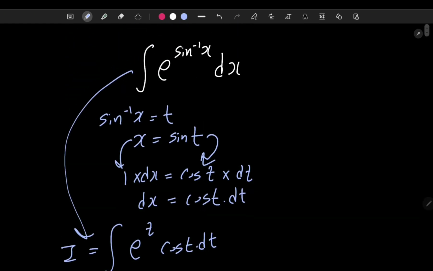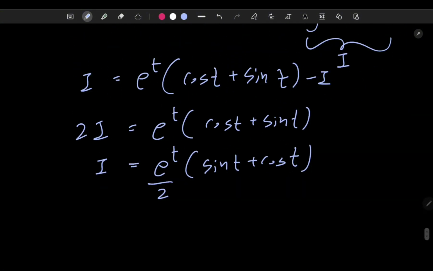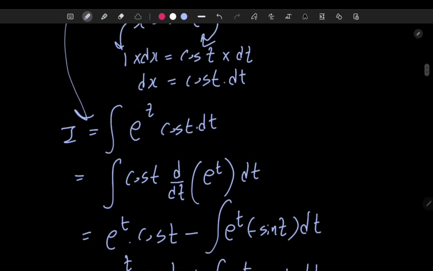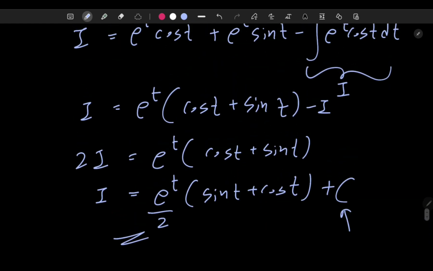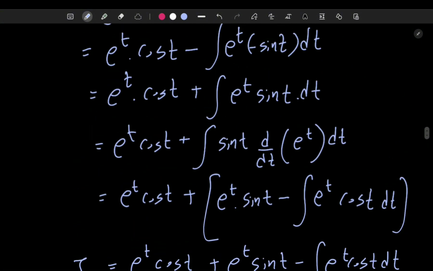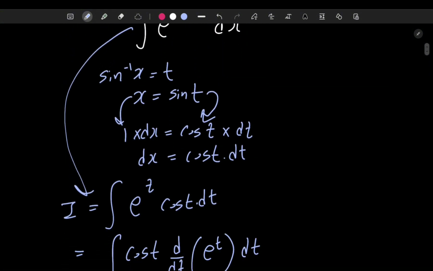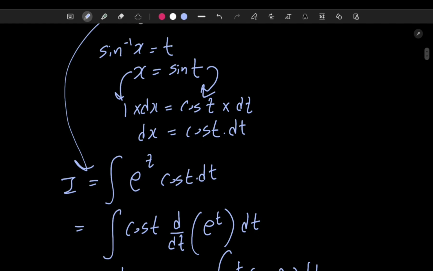In the problem it is in the x world, right? Now I have to write this answer in x format. I add the constant c because this is an integration, right? We know we have to add a plus c in every integration. So I'm going to change the variable back.